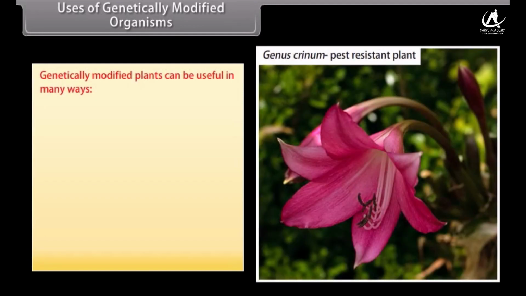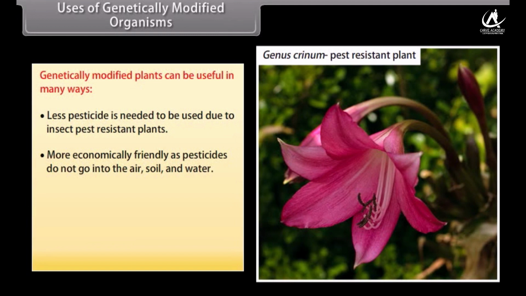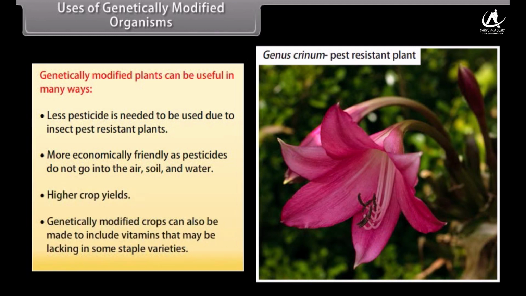Genetically modified plants can be useful in many ways. Less pesticide is needed to be used due to insect pest-resistant plants. More economically friendly, as pesticides do not go into the air, soil and water. Higher crop yields. Genetically modified crops can also be made to include vitamins that may be lacking in some staple varieties.